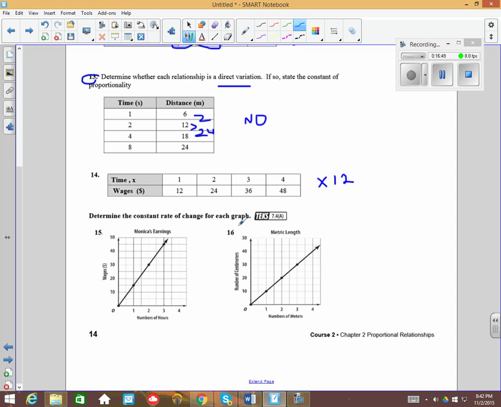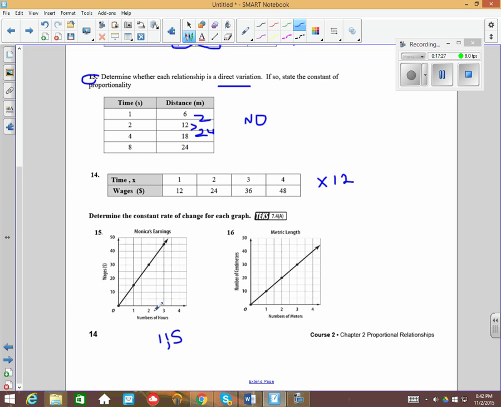Okay, now 15 and 16. Determine the constant rate of change for each graph. Rate of change is a change in y over the change in x. So let's see, where does y change? I want to look where it's exactly on the line so we can determine what it is. This looks like 1 hour, and it looks like this is 15. So 1 over 15, and it looks like this is 2 to 30.